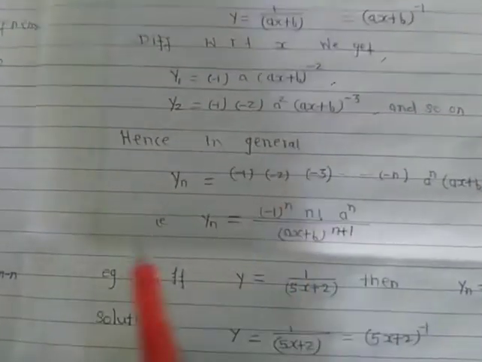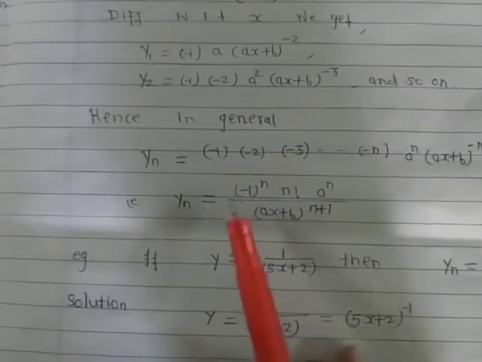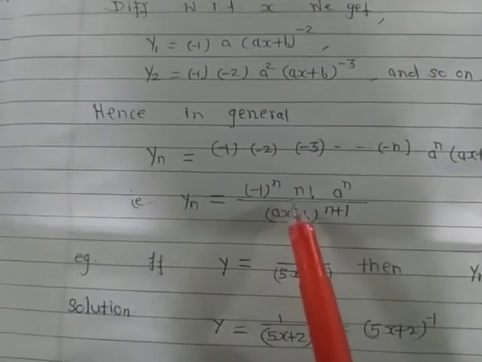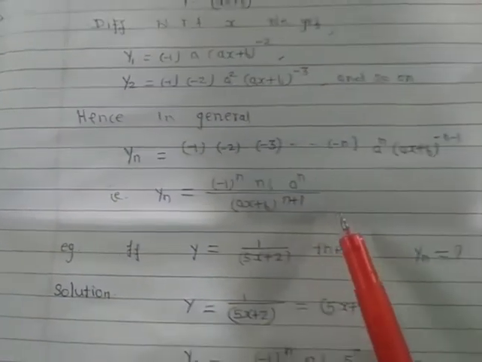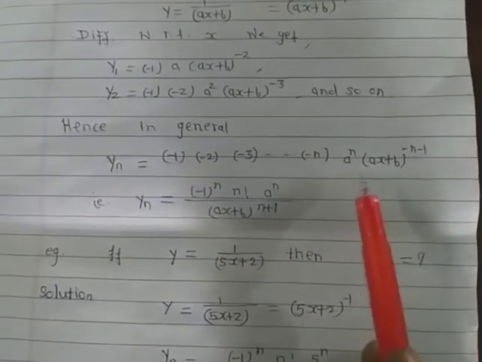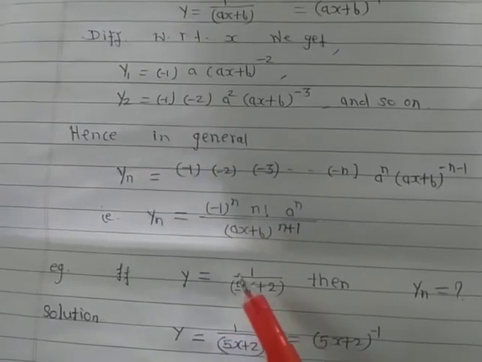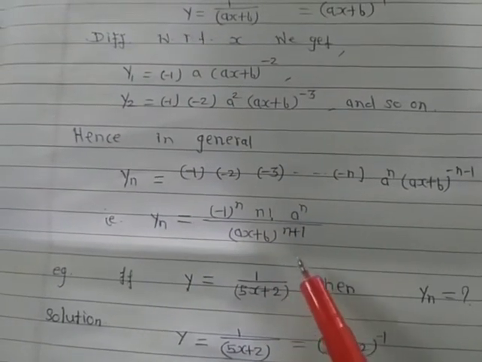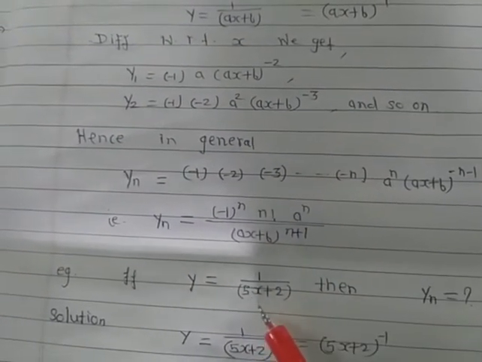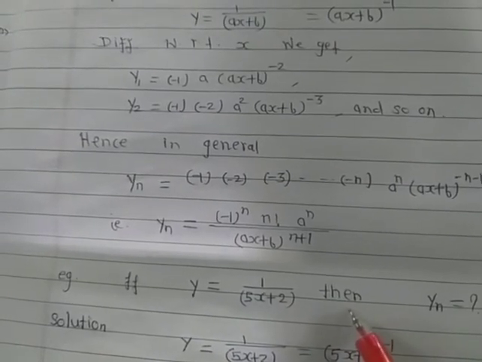Hence, in general we get yn equal to minus 1 into minus 2 into minus 3 into minus n, a raised to n (ax + b) raised to minus n minus 1. That is, we get yn equal to minus 1 raised to n factorial a raised to n upon (ax + b) raised to n plus 1.